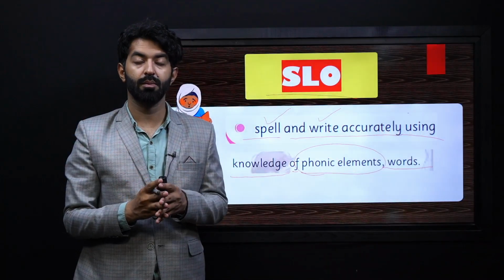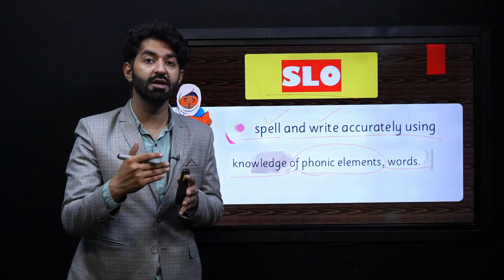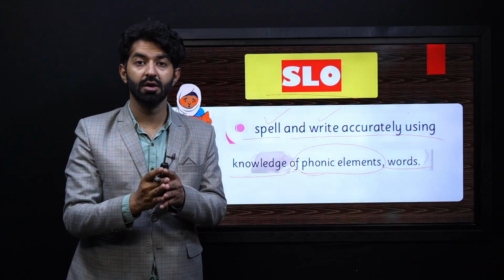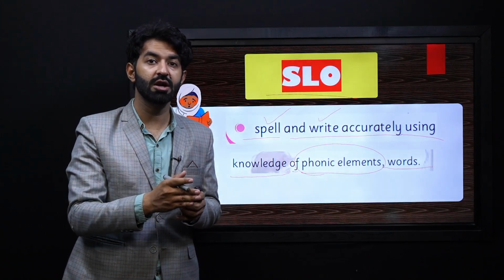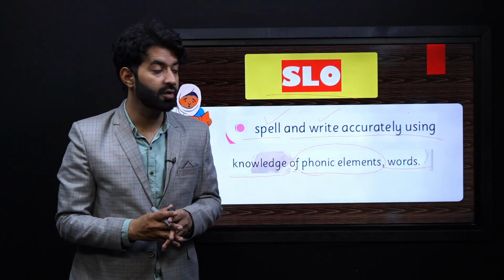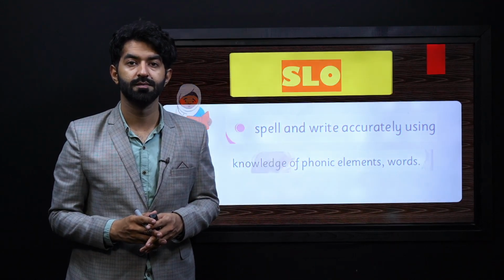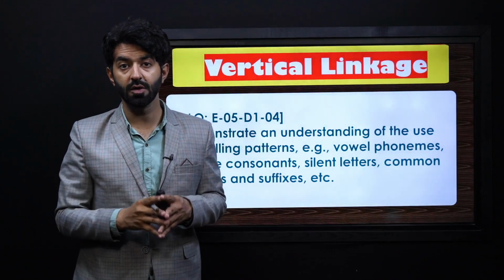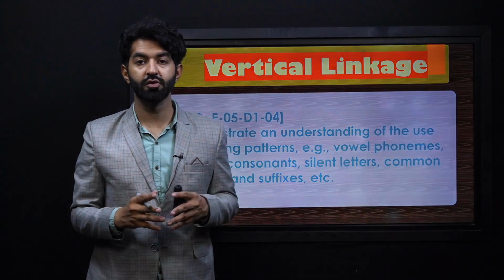We are going to talk about phonetics, phonemes, the phonic sounds, the small units, the different sounds that differentiate one from the other, and this we call phonic elements, and we are going to see how they are used in words. Now, here is a vertical linkage of our students' learning outcome with the previous grade. You have gone through it.